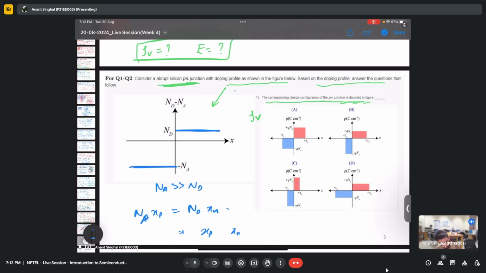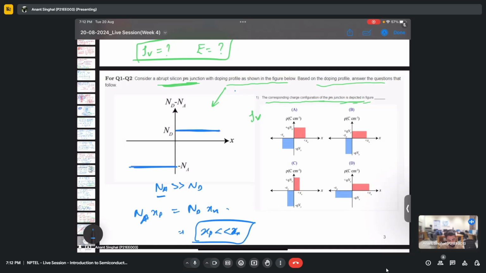Kindly let me know what relation you are getting. Is XP higher or XN higher? XN higher, sir. Okay, NA is greater, so XN will be higher.